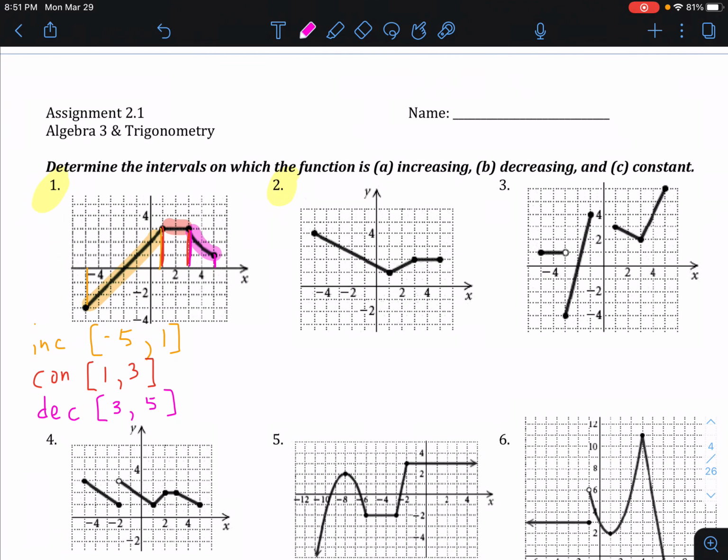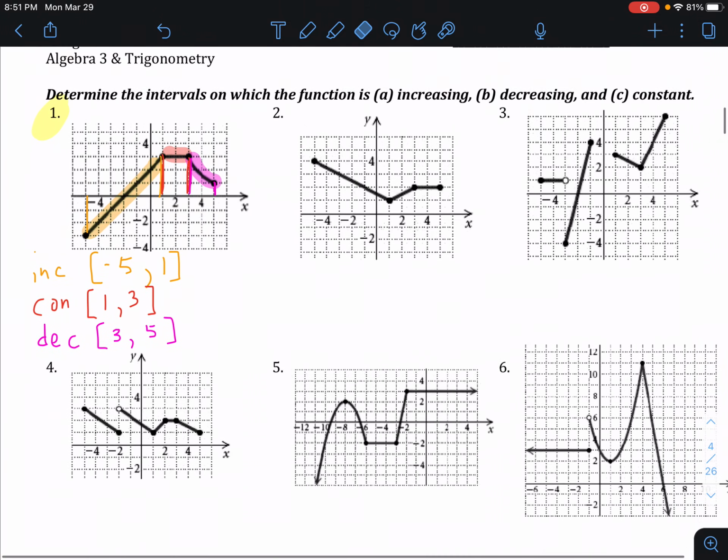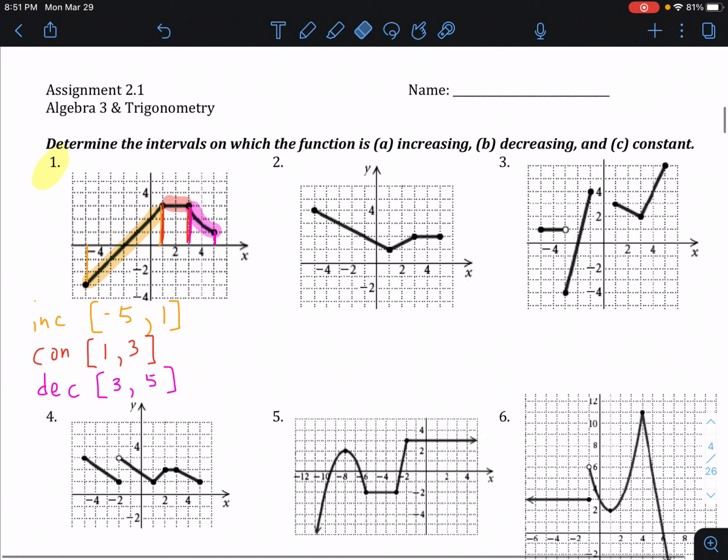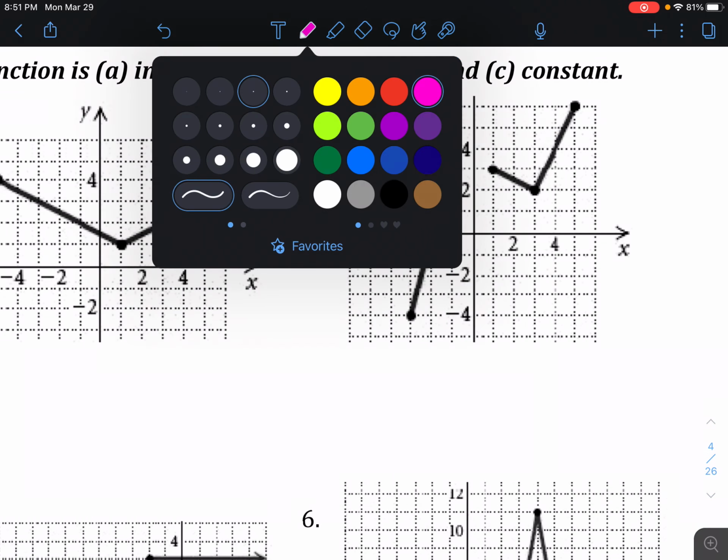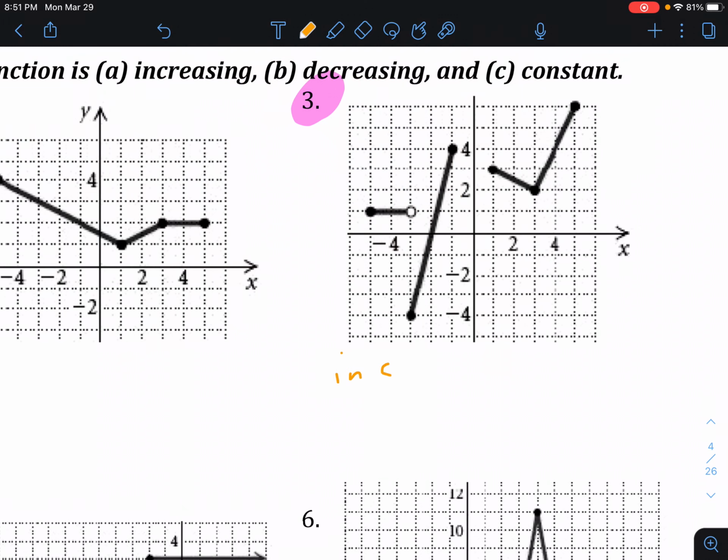Actually, I don't want to do 2 because 2 doesn't have open circles. I actually want to get to number 3. Number 3 has an open circle. So let's look for increasing first.